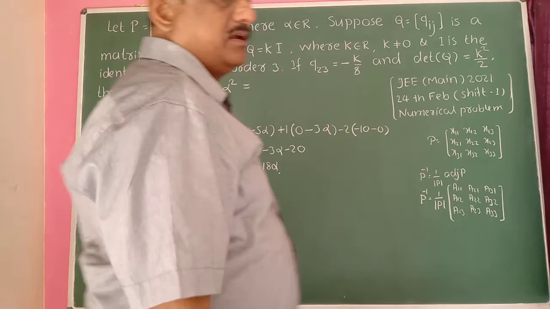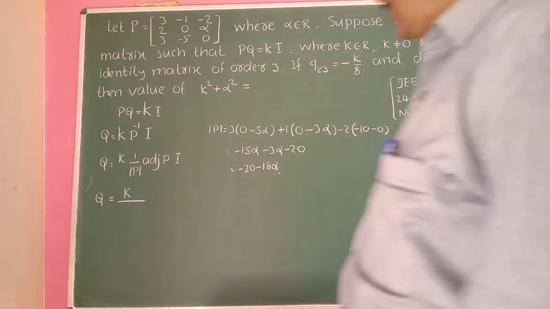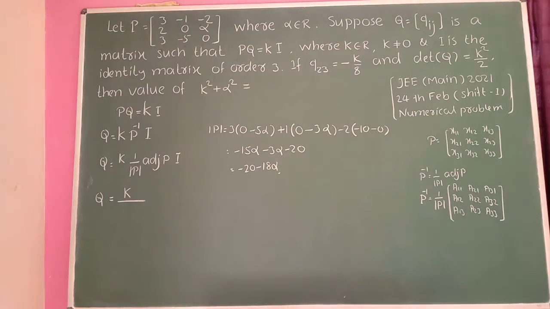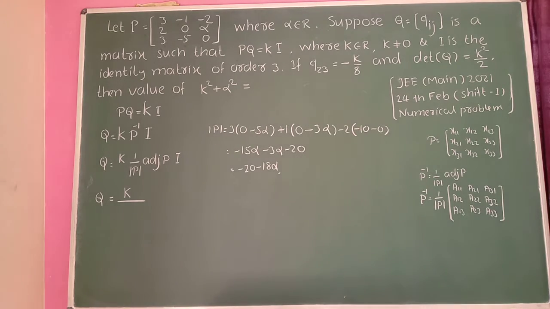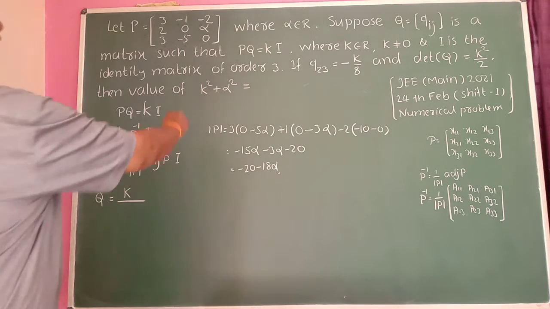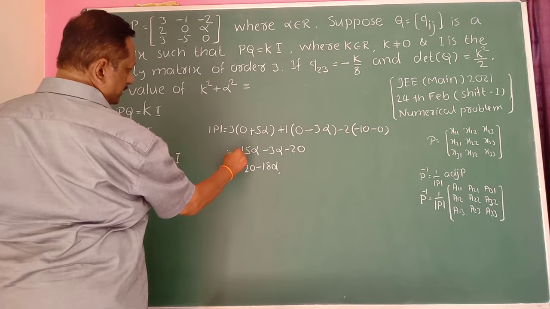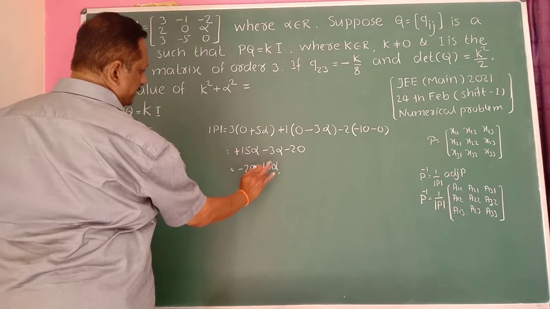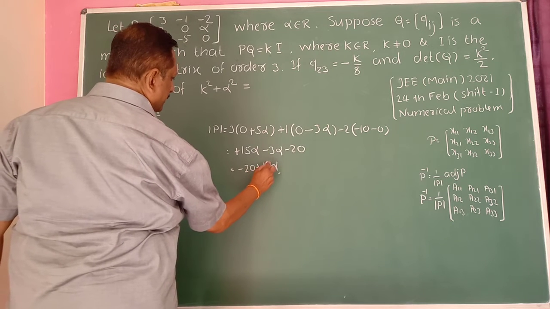Therefore, the determinant of P is equal to, so here 5 into alpha becomes minus 5 alpha, minus minus plus 5 alpha, therefore it is 15 alpha here. 15 minus 3 becomes 12 alpha, it is plus 12 alpha.